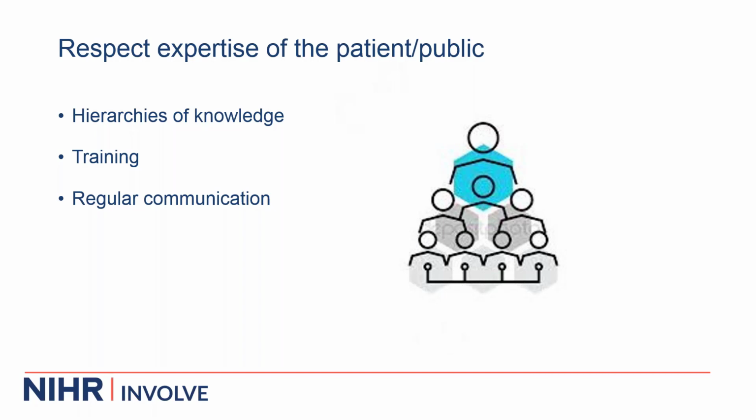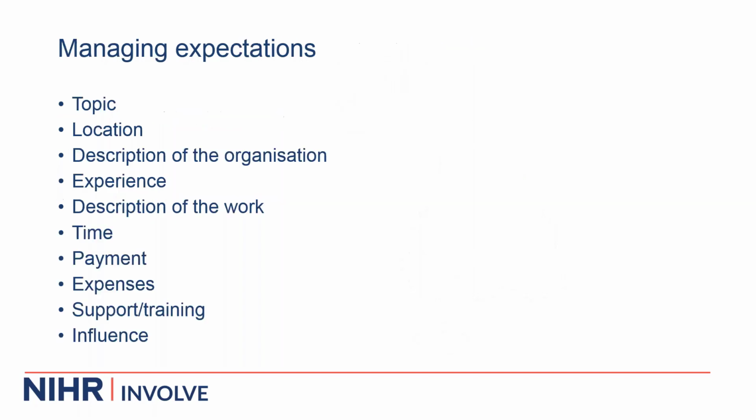Knowledge comes from different perspectives, and we shouldn't just consider the knowledge that a researcher has as being top of the tree. The knowledge and expertise and perspective that a member of the public or a patient has could be just as valuable. So it's really good to keep that in mind.